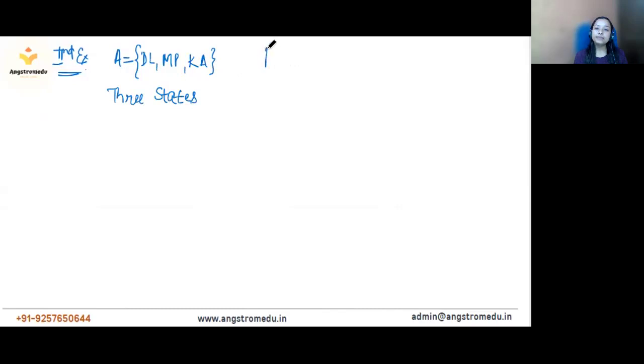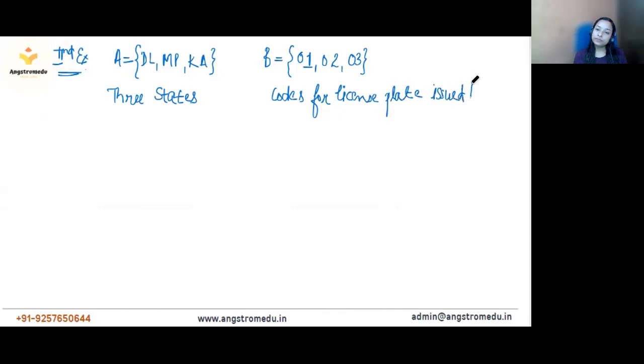And the set B is 01, 02, and 03. What is this? It represents the code for the license plate issued by these states, whatever states are given in the first set.